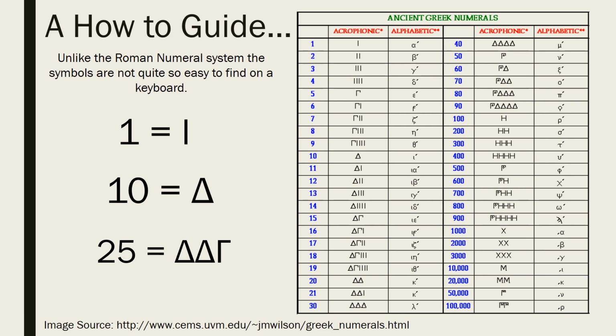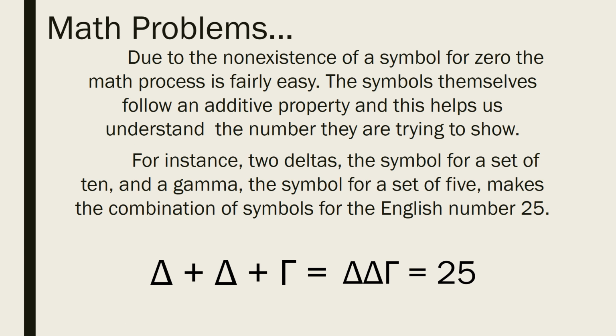And unlike Roman numerals, it's hard to find these on your keyboard, so you actually have to get a specialized system to be able to enter them. Due to the non-existence of 0, math is fairly easy in this system when creating a number. They use symbols to create sets.